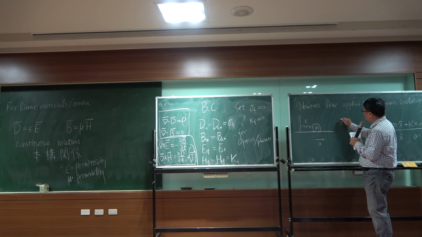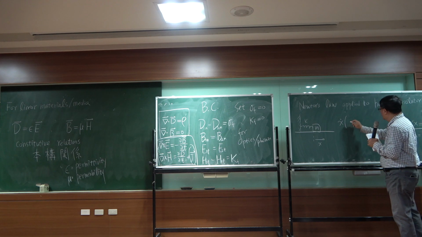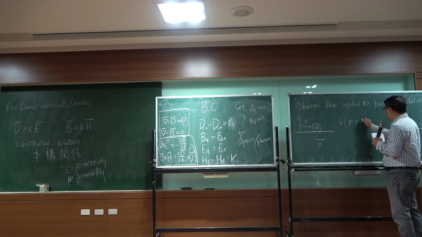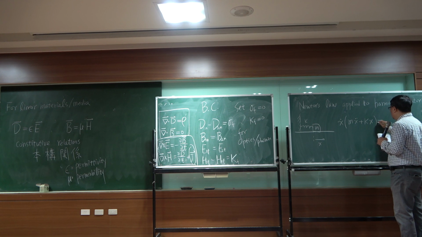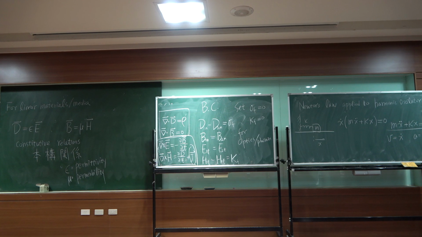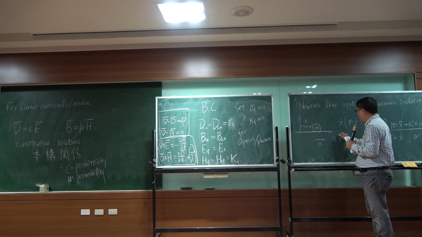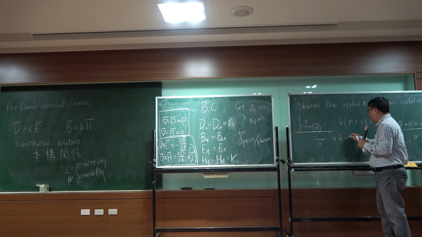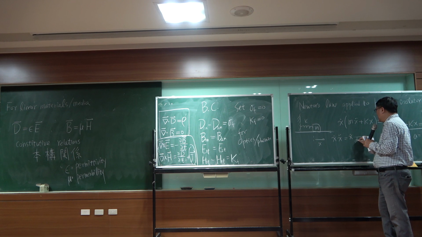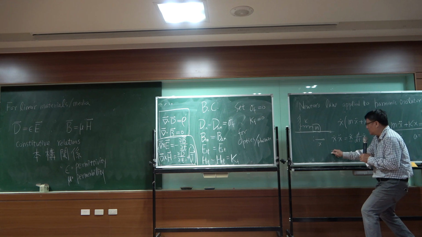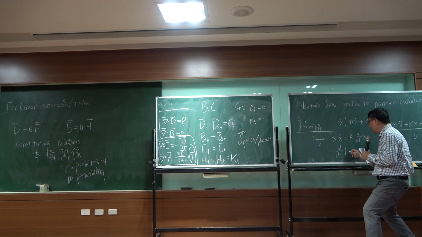Now I multiply x dot to this equation. We get 0. However, x dot times x double dot means x dot times d/dt of x dot, if you treat x dot as a variable, this means d/dt of 1/2 x dot squared.